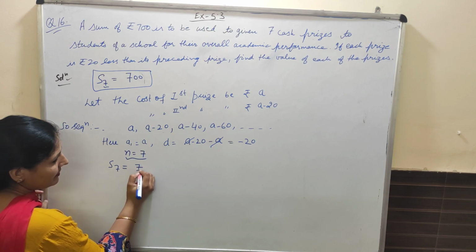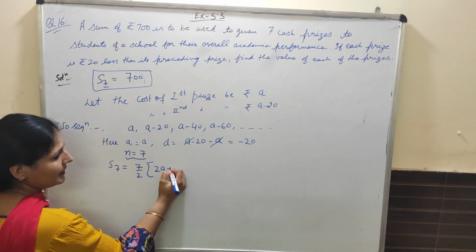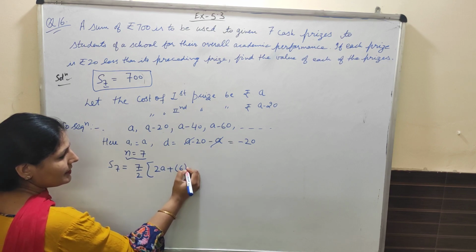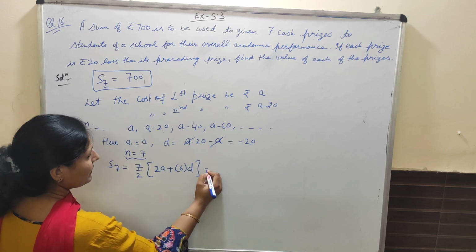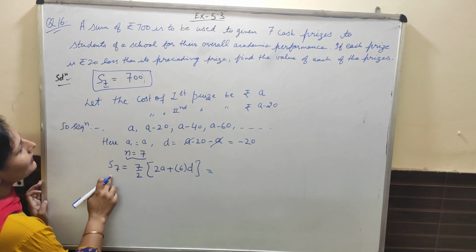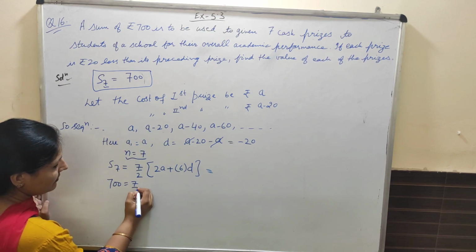Put values here: 7 by 2, 2a plus n minus 1, 7 minus 1, 6d. Okay.